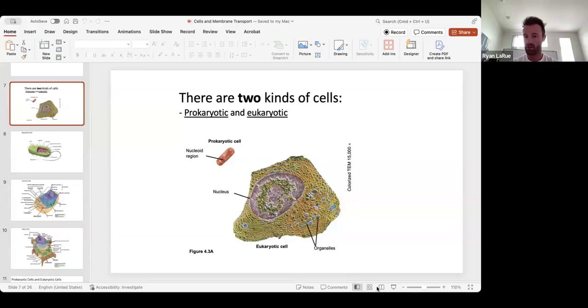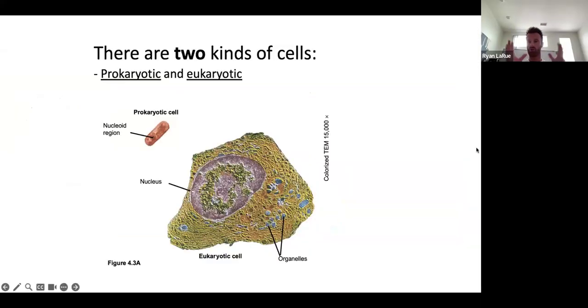So let's take a look at the slides here. And here I really like this slide because it shows you a clear picture of these two cell types, and you can get a very obvious appreciation for some of the key distinctions and differences between the two.